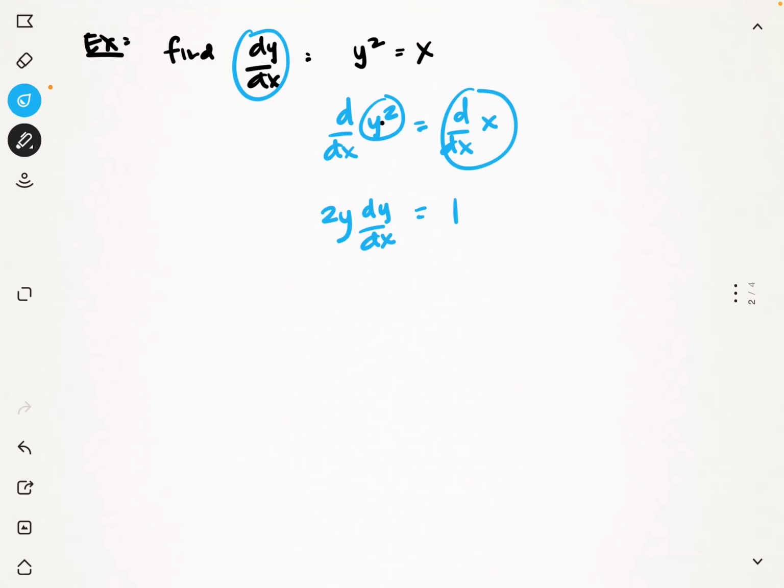So in this step, we take the derivative of the y term, but anytime you do the derivative of that, we're going to multiply by dy dx. Okay, so that's step 1.